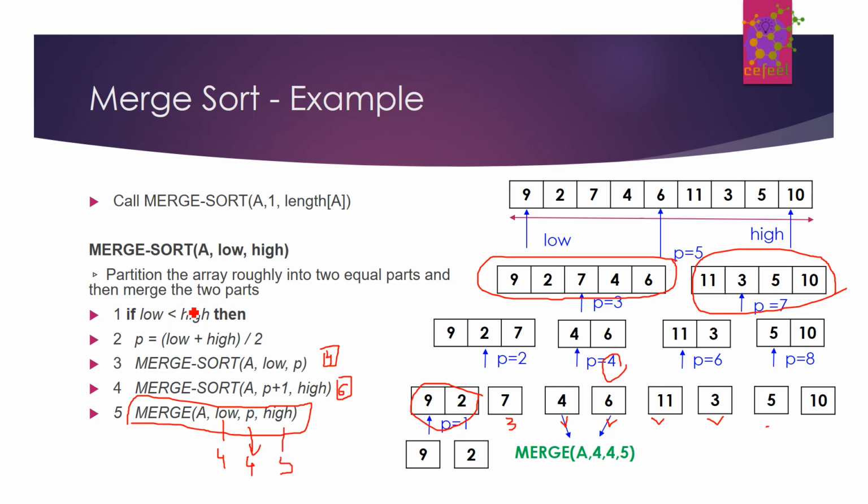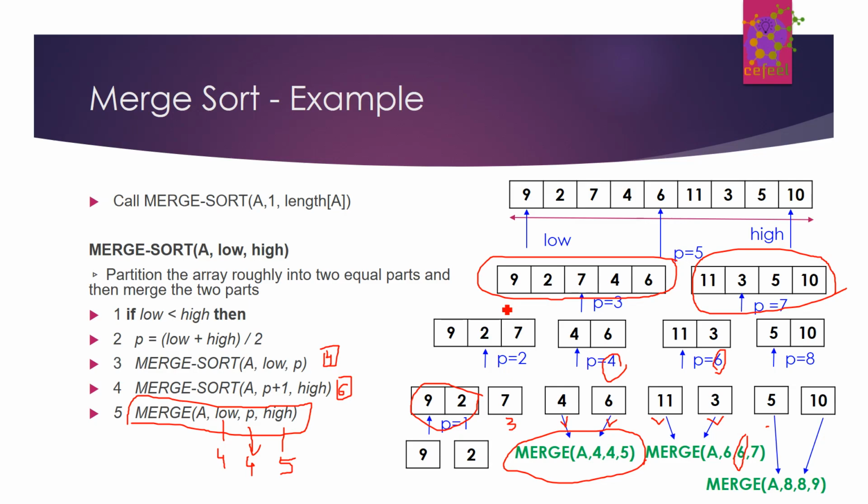So the merge method will be called as merge(A, 4, 4, 5), which essentially means we need to merge these two elements and form an array of size 2. Alright, cool. A similar thing will happen with 11 and 3. merge(A, 6, 6, 7) will be called, because notice P is 6 and low and high are 6 and 7.